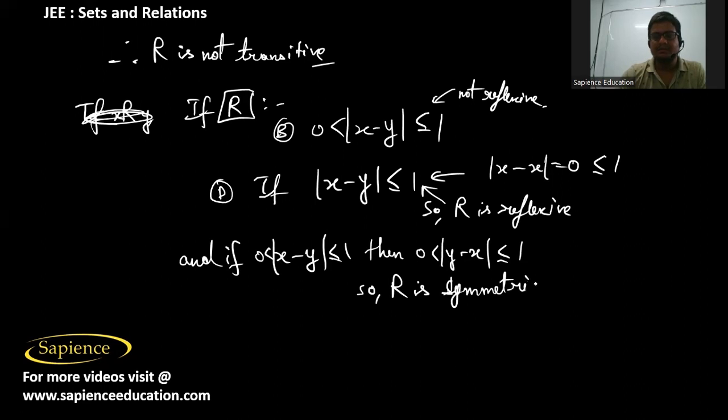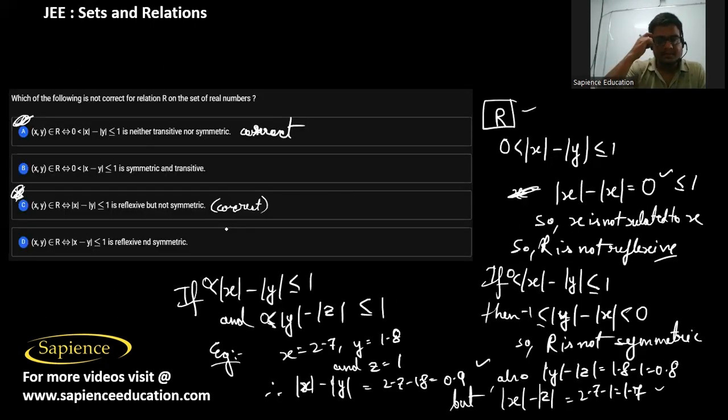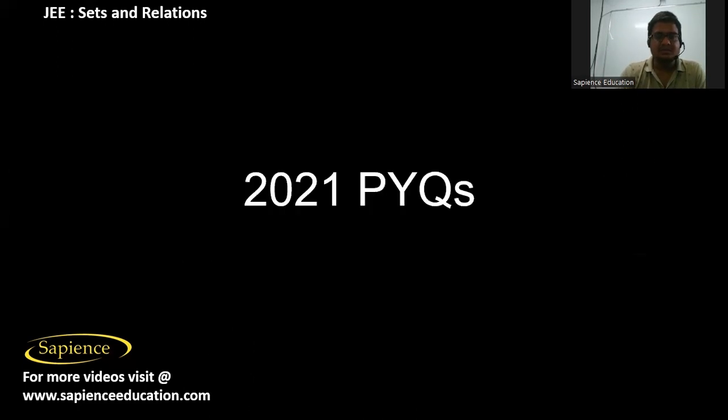And option D is also symmetric, since mod of y minus x also will be less than or equal to 1. So this relation R is reflexive and symmetric. So option D is also a correct statement. So it means option B is not correct, since it is told this is symmetric.